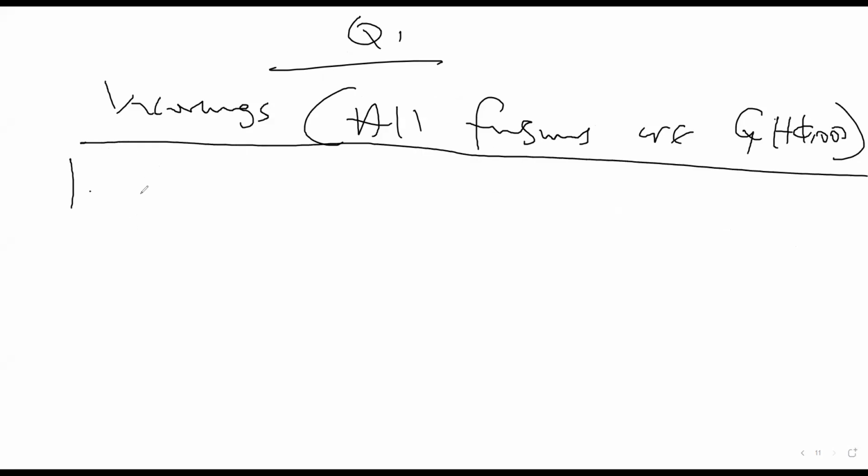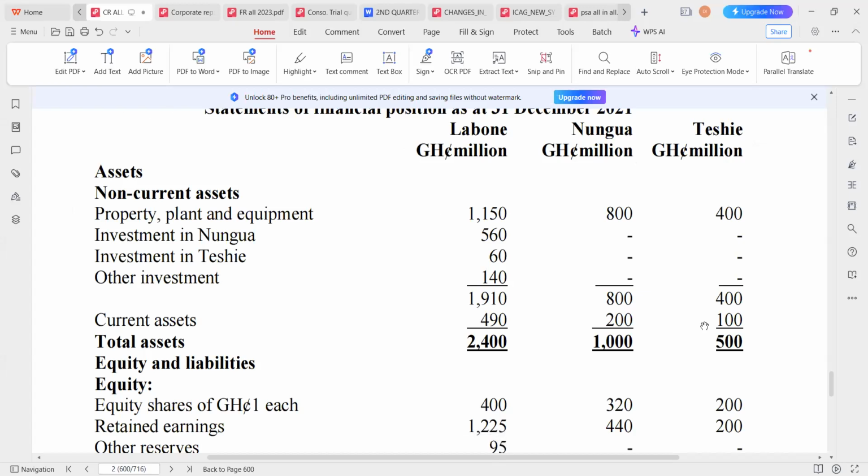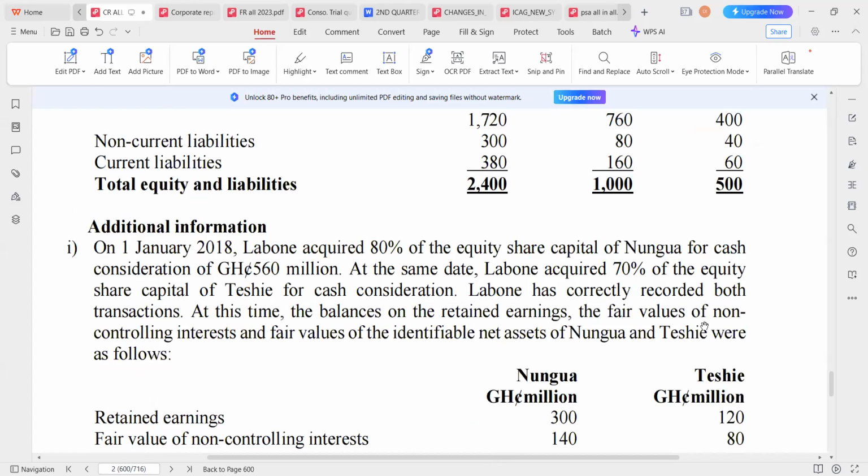Your workings 1A, as usual, group structure. Don't change the approach. So now let's go and establish the group structure. It will give us the comfort to do the consolidation well.